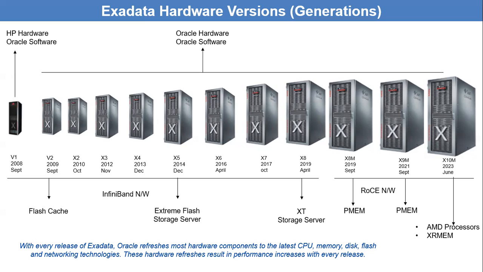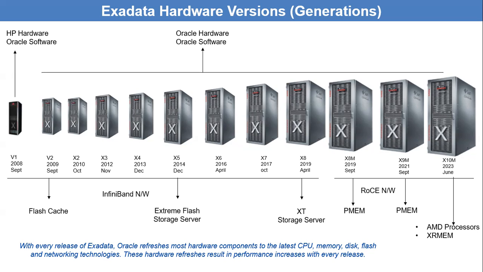Similarly, X10M version of Exadata comes with Exadata system software version 23, which has some new features which were not there in 22 version or 21 version. So one side, you get the performance boost from the latest hardware components. Other side, you get the performance benefit from the software level features included in each software.